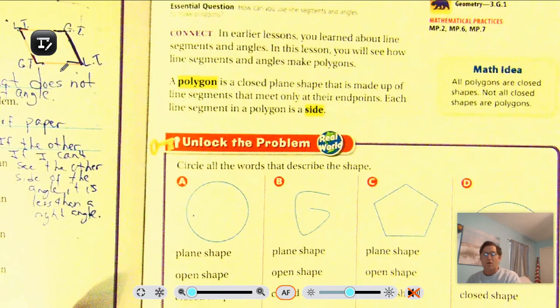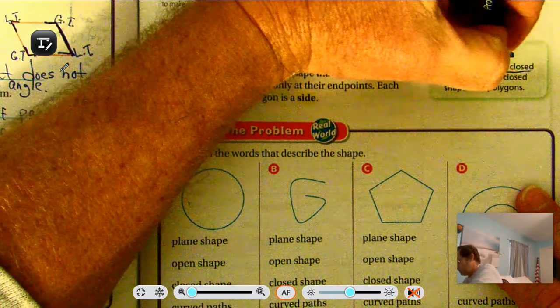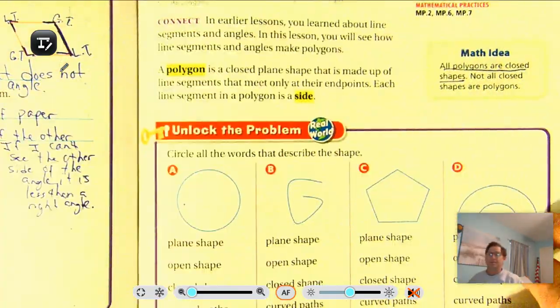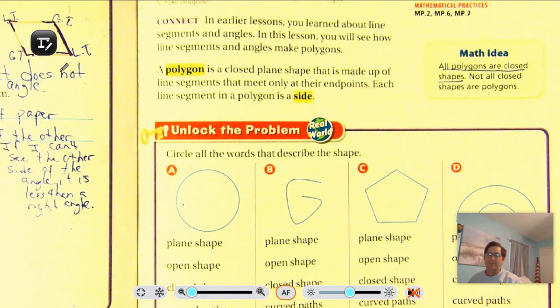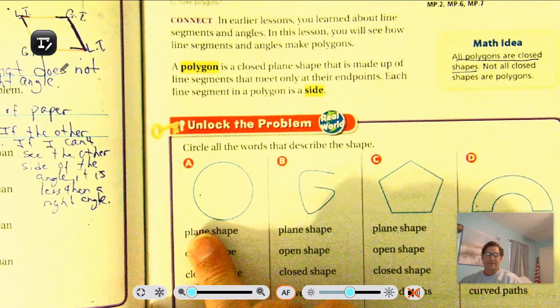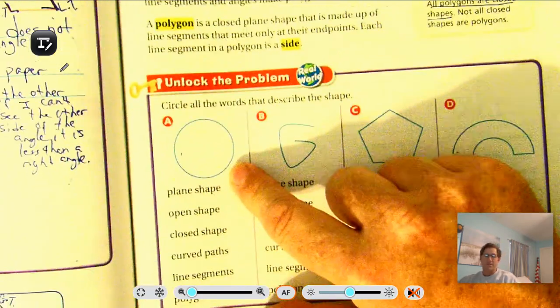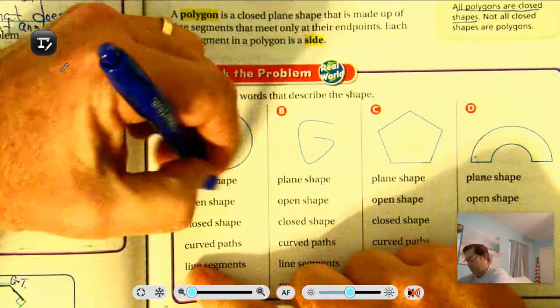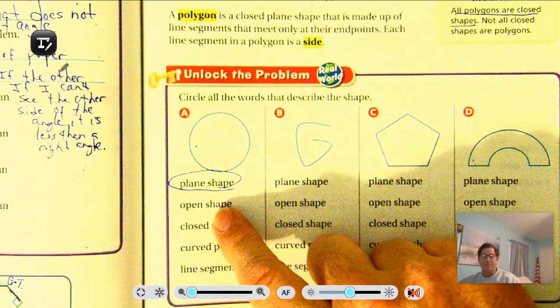And so it says all polygons are closed shapes. Not all closed shapes are polygons. And so the first example here, this is a closed two-dimensional shape that is a plane shape. That is true. It is not open. It begins and ends at the same point.